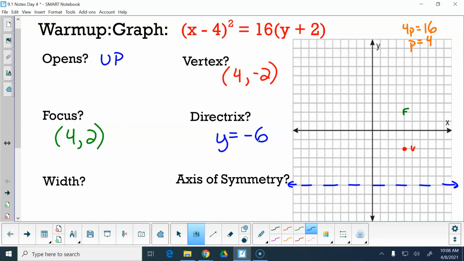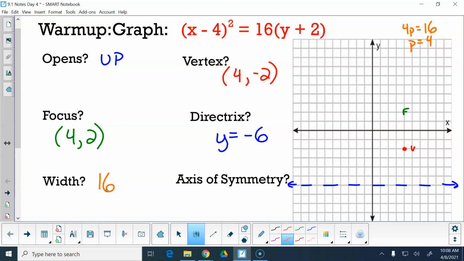Hannah, what do you got for me? The width is 4P, so that's 16, which means we're going to go 8 left and right from the focus. Yep. So we're going to go left 8 and right 8.